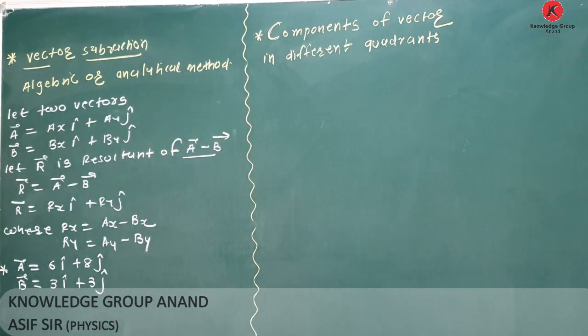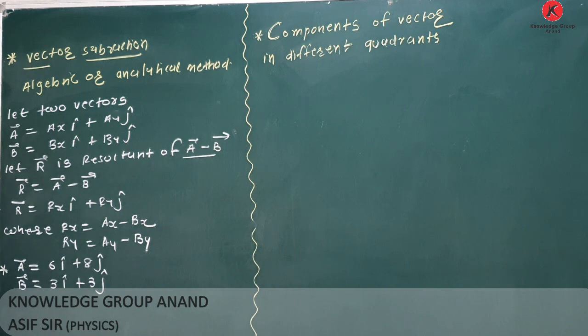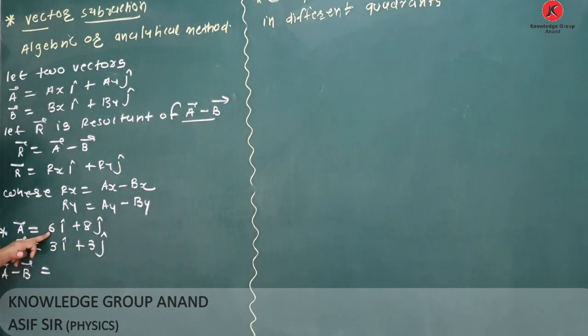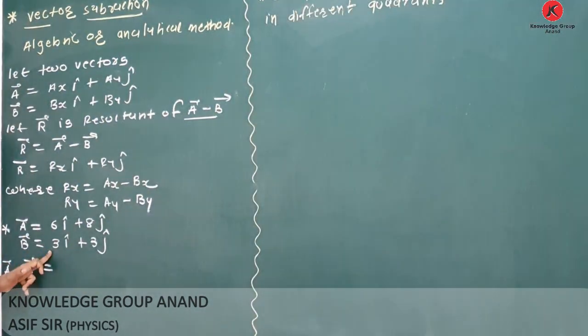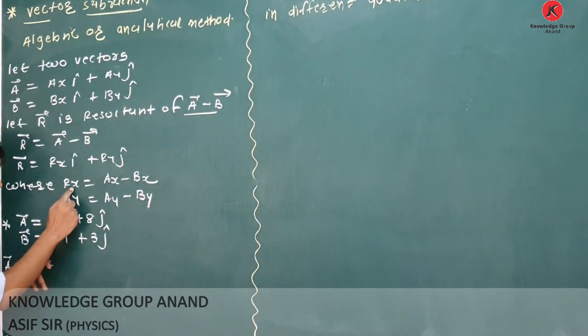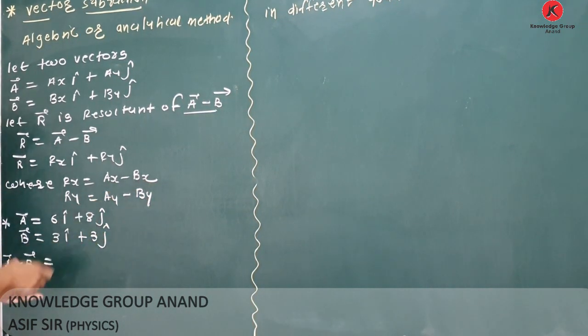It is simple. Rx is equal to Ax minus Bx, which means 6i minus 3i. It will be 3i. Clear about this?